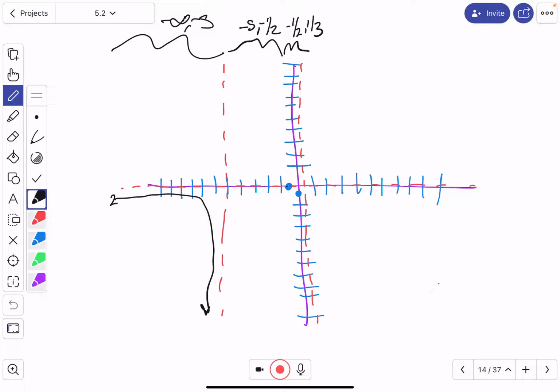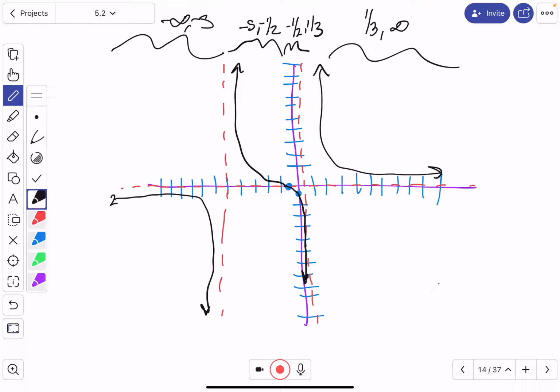So before this intersection point, we're positive. After this intersection point, we're negative. And we want to make sure we go through our intercepts. And then our last one was 1/3 to infinity, where we were positive. So those pieces don't have to be exact. You're just using that information that you came up with to sketch each section.